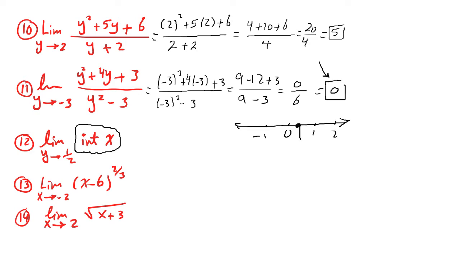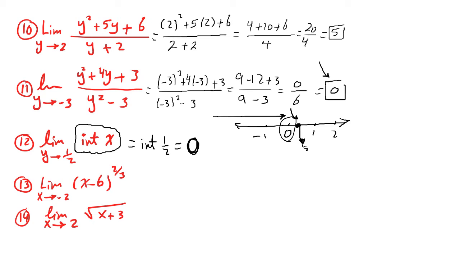Half is here, right? So for integer of half, while you are coming from the left, the greatest value you pass through before you reach half is 0. Greatest integer as a whole number.